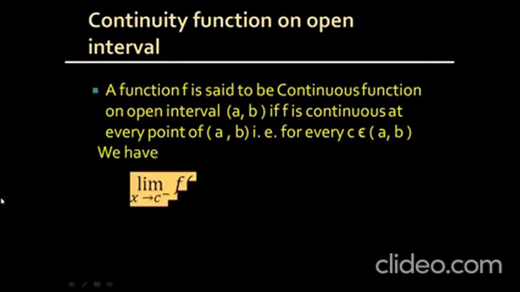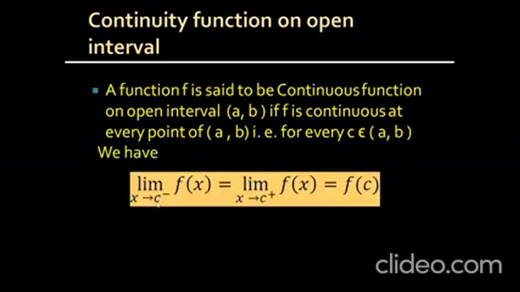If it does, we write limit x tends to c minus f(x) is equal to limit x tends to c plus f(x), and it is equal to f(c). If it shows this, we can say the function is continuous on an open interval.